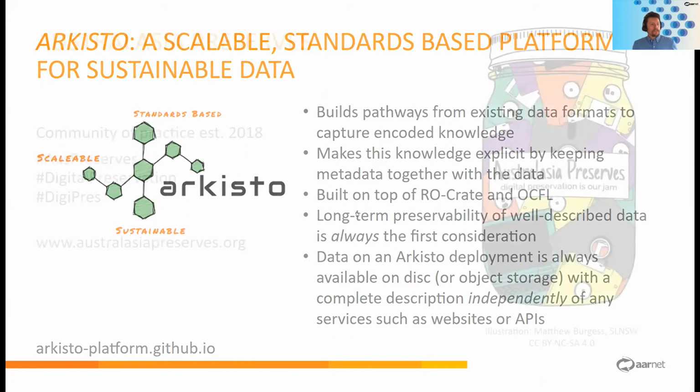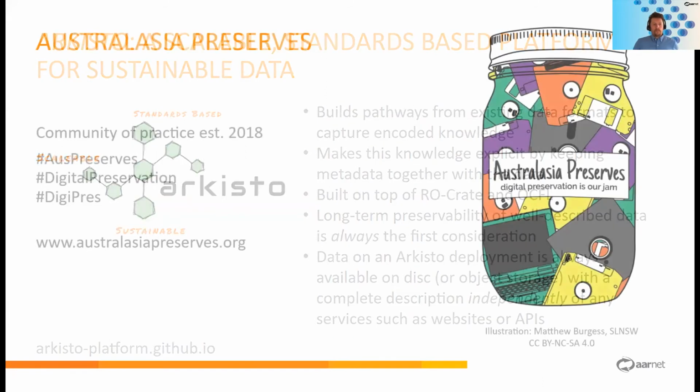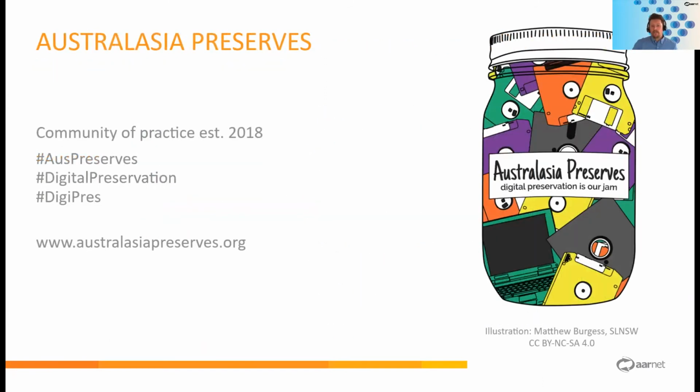I'd also like just to draw to your attention the community of practice Australasia Preserves, which is very active, very vibrant and very diverse in Australia. We support and participate in this community of practice, which includes participants and practitioners from across Australian institutions, including the major GLAMs and the universities and research organisations.